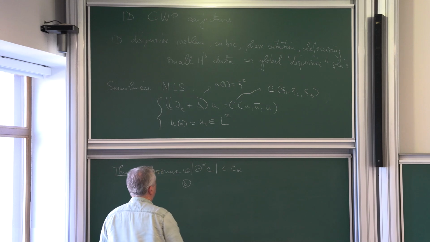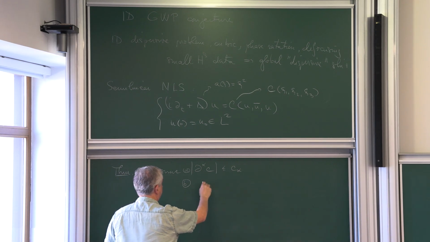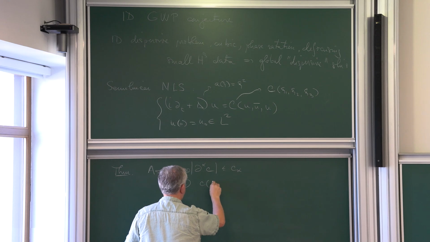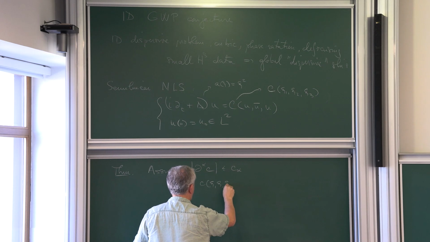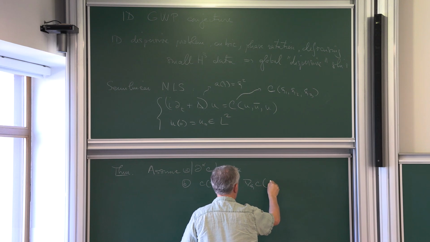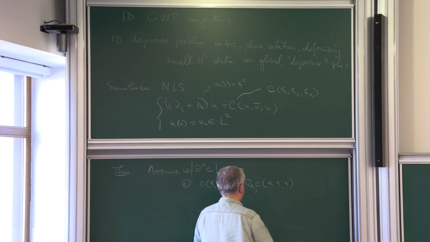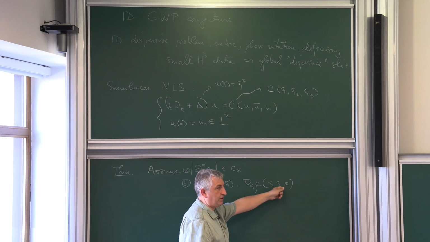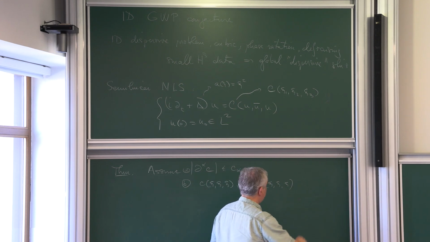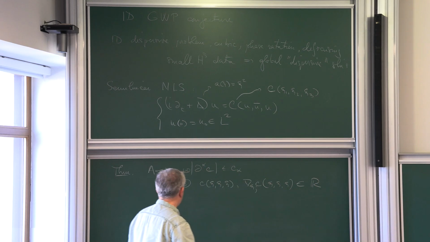Then we want to have that conservative assumption that I mentioned the other day. So that would be that C of xi, and the derivative of C at xi, and psi. So here we're differentiating in all directions, but we still evaluate this on the diagonal. We're assuming that they are real, okay?